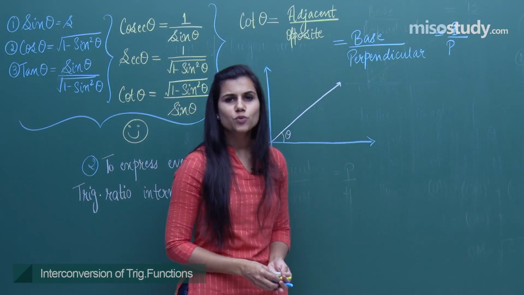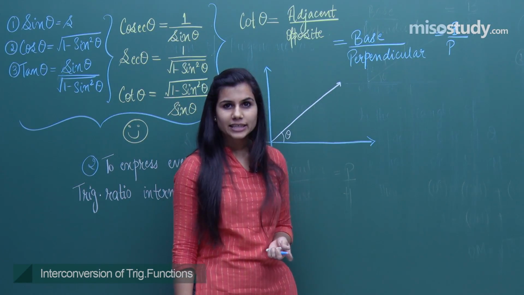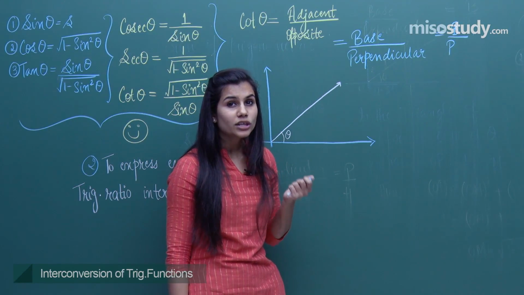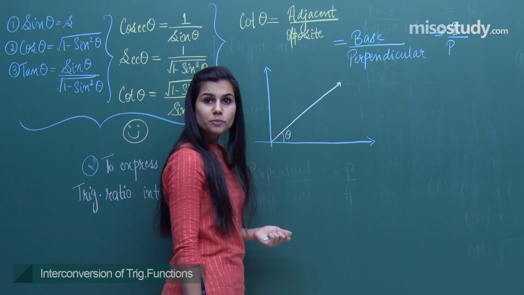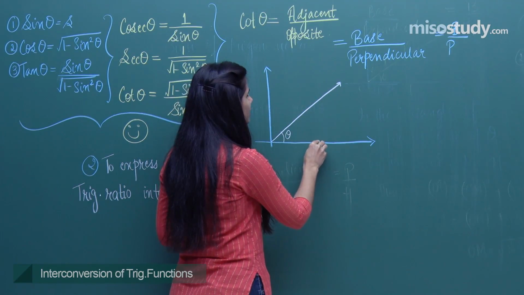And so that is what we do. Because I want the denominator to be 1, I want this perpendicular height to be equal to 1.